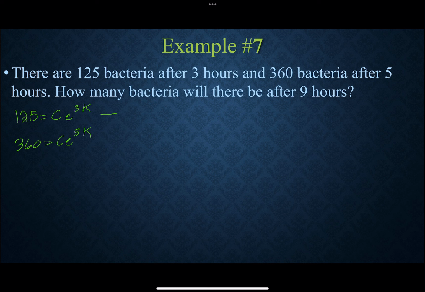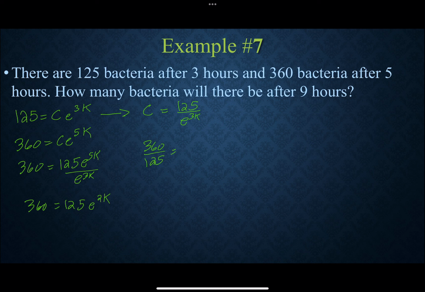So what we can do is divide the second equation by the first to eliminate c. So we'd have 360 c e to the 5k divided by 125 c e to the 3k. Dividing subtracts exponents, so we get e to the 2k. So 360 over 125 equals e to the 2k. We could reduce the fraction, but again, it's not necessary.